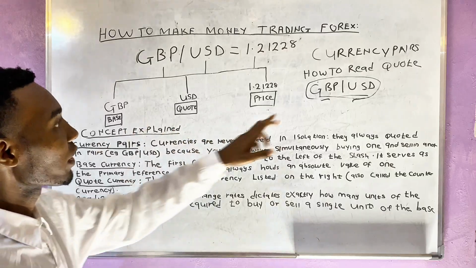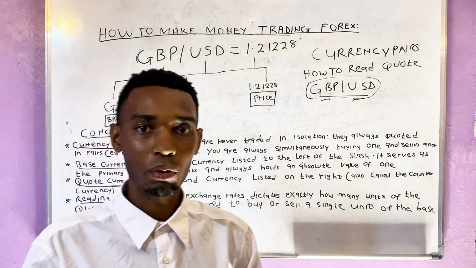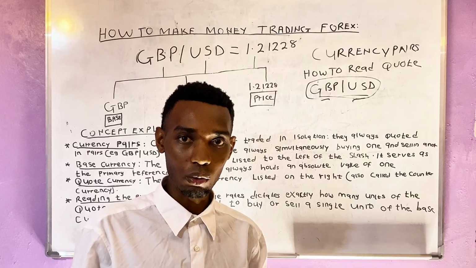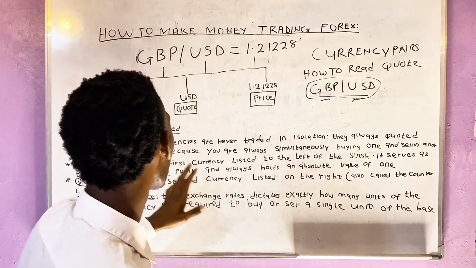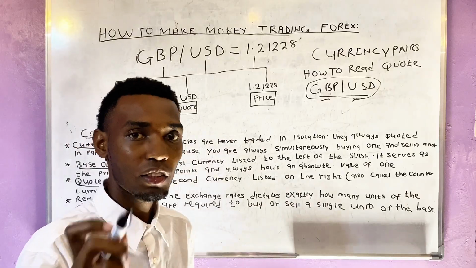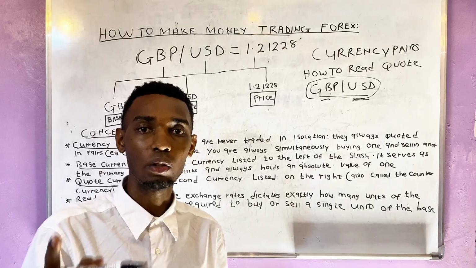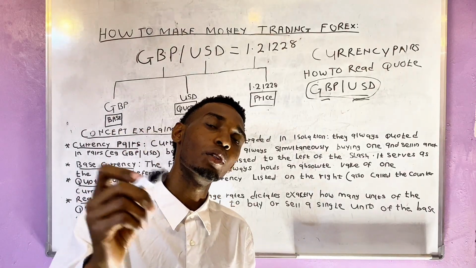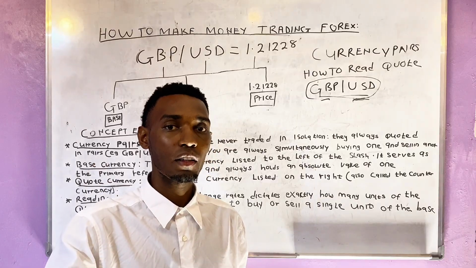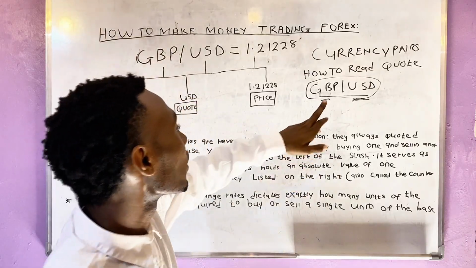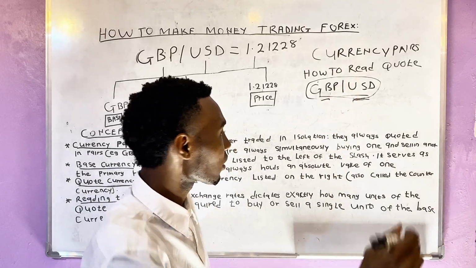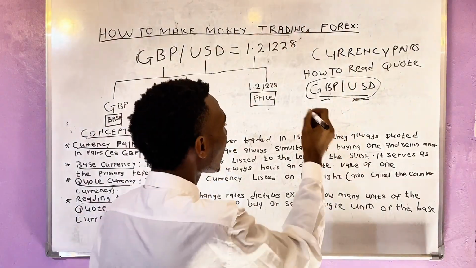Now, an example, let me show you how you read the quote and how you understand it. Assume you want to exchange, you want to buy the USD, the American dollars. This is how you study the quote.